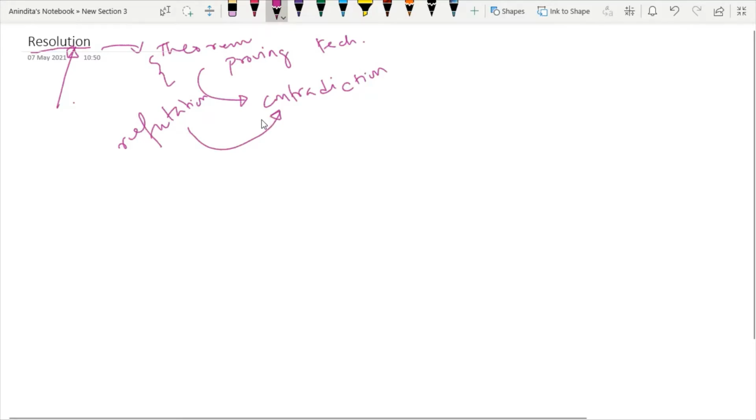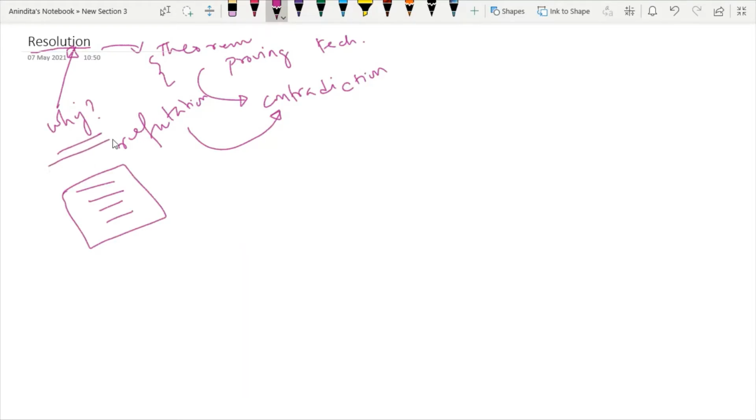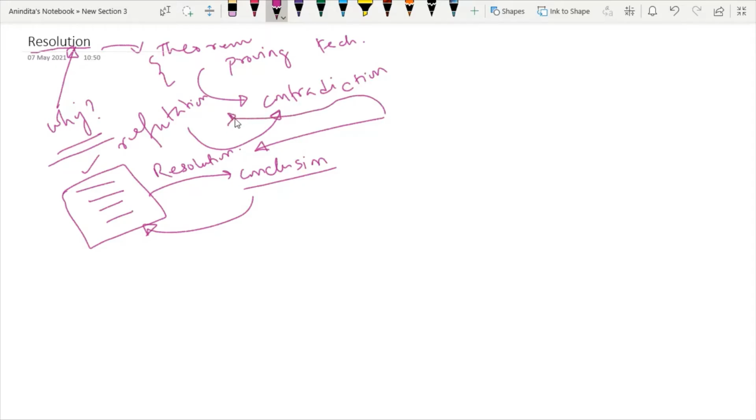Now, here the point is why we need resolution. Resolution is needed when we have various given statements and we need to prove some conclusion using those statements. At this point of time, we need resolution. And you have to remember one of the key concepts of proof by refutation is unification.